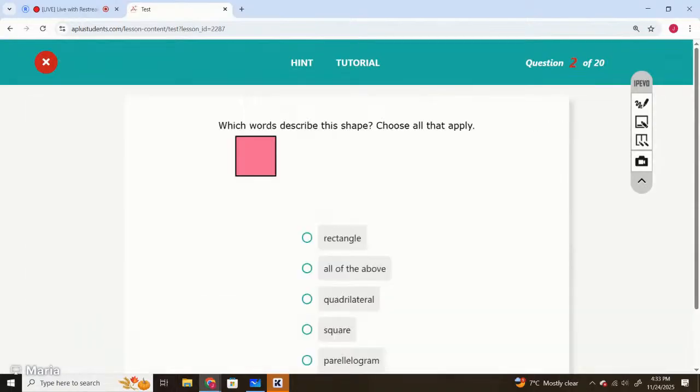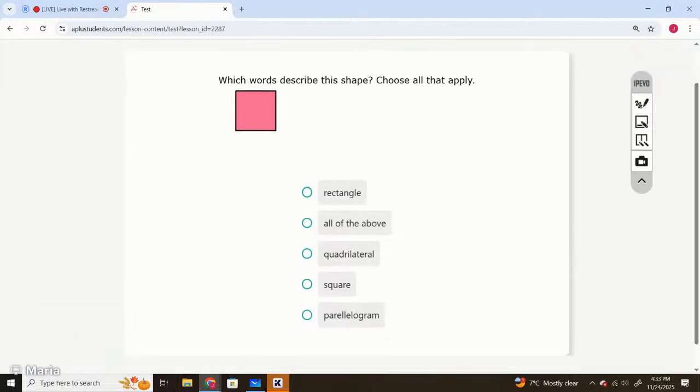Which word describes this shape? Choose all that apply.